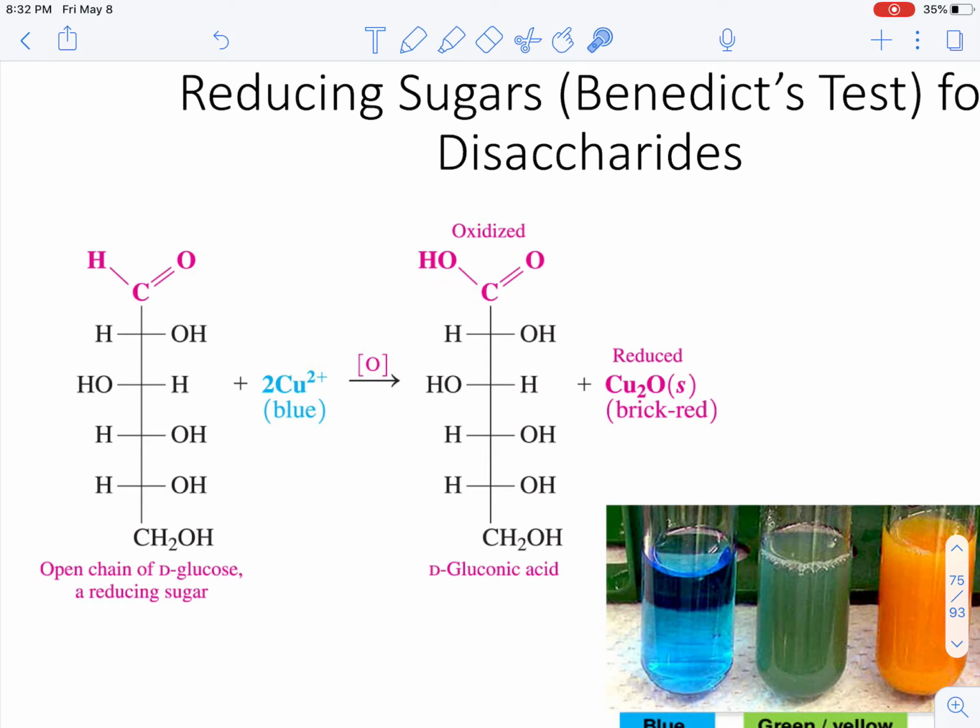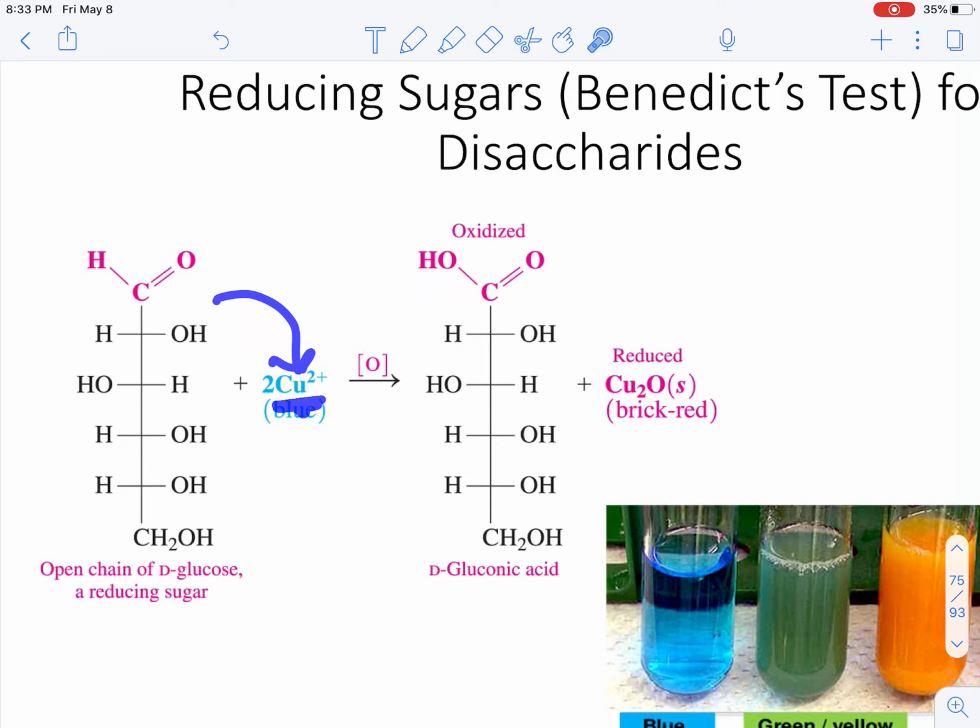If you have a reducing sugar, then the functional group, whether it's an aldehyde or a ketone, is free, quote unquote, to react with this copper ion. When this oxidation reaction occurs, this aldehyde is going to reduce copper.